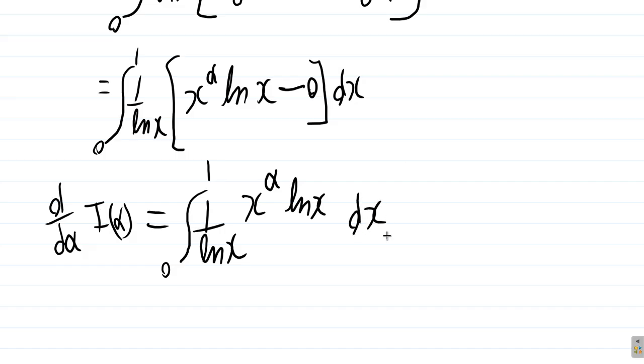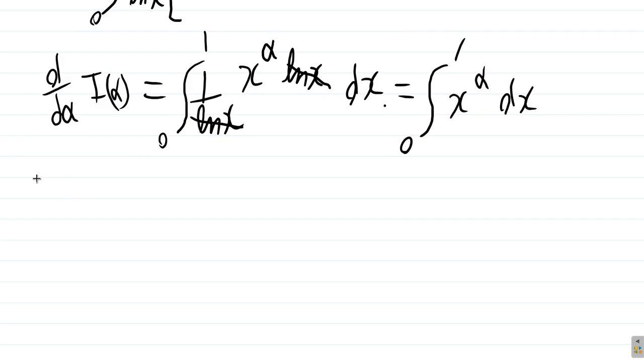But then ln x cancels ln x, right? So what you have is the integral from 0 to 1 of x to the alpha dx. Okay, good.